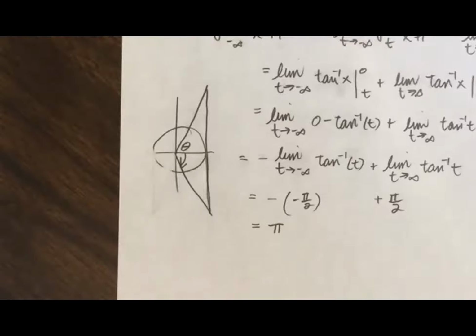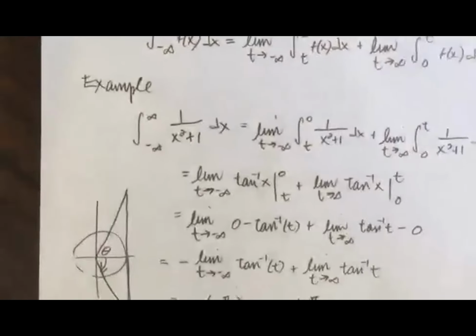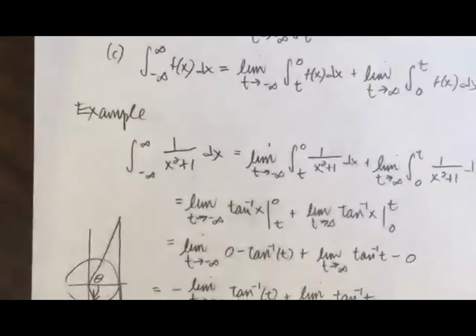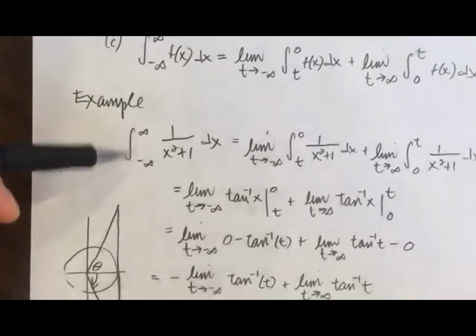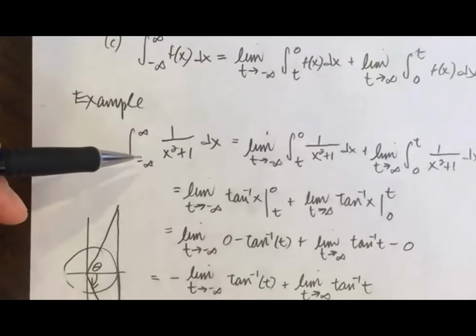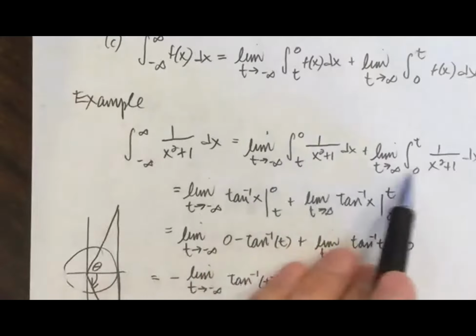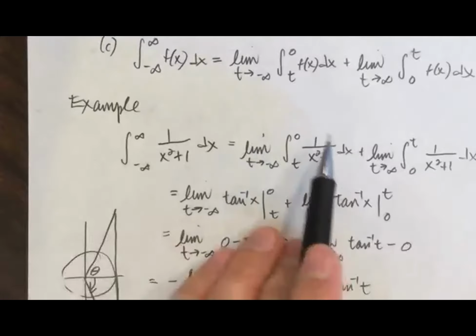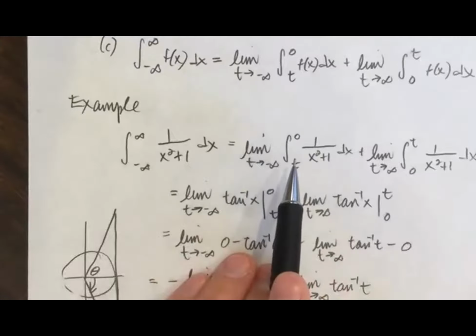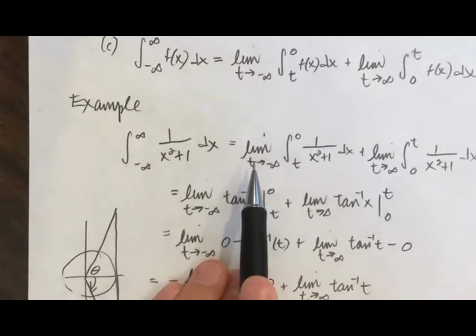Okay, so what's the feel of these is that we're going to have this improper integral. In other words, we're going to go off to infinity, one direction, the other direction, or both. We're going to write it as a limit problem. We're going to do the antiderivative just like we've been doing all of chapter 7, and then do a limit problem on the end of it.